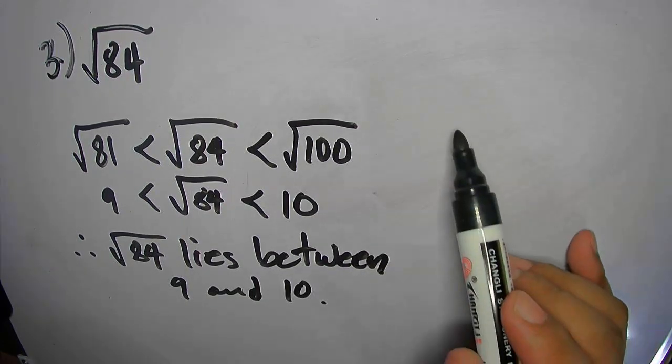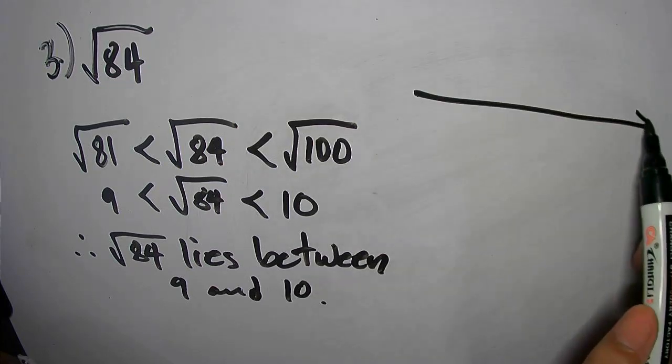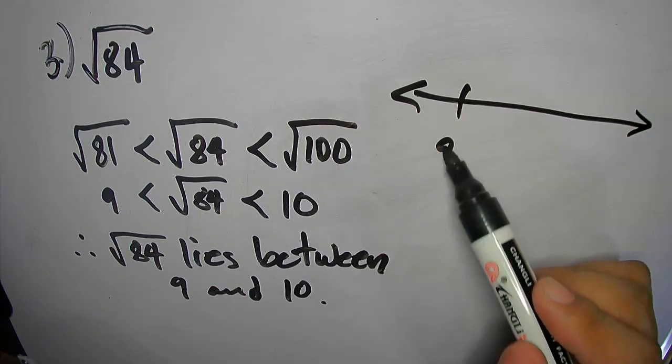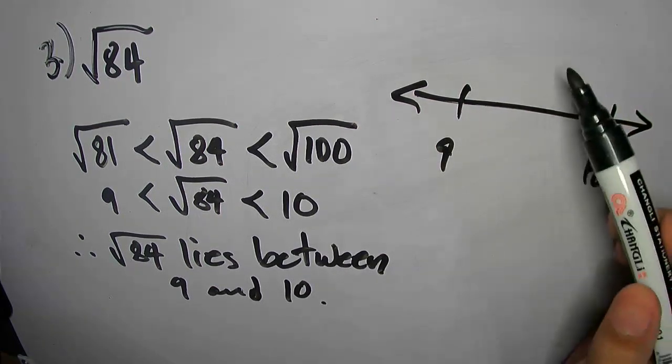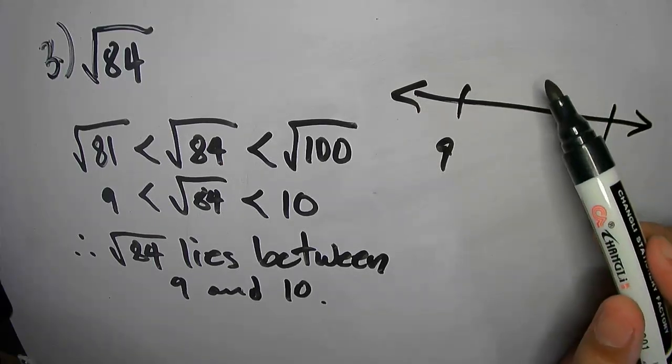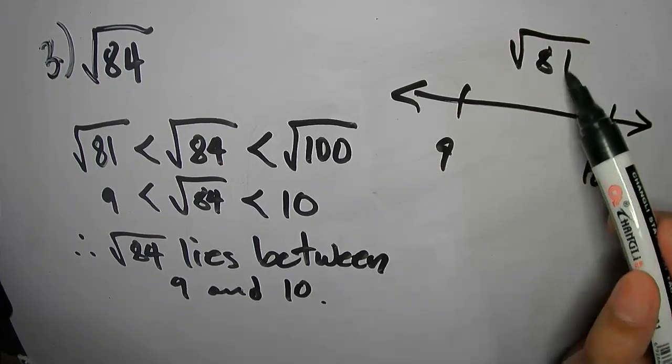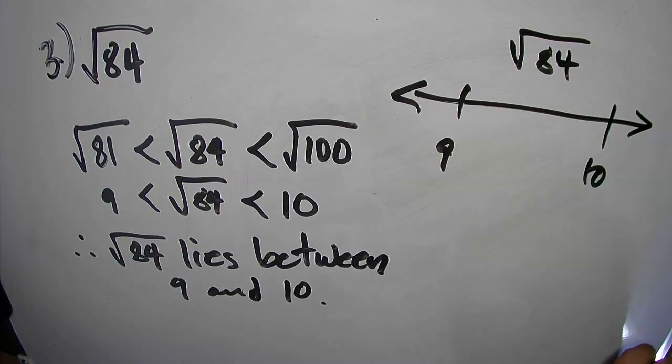With respect again to our number line, here is 9, here is 10, so the square root of 84 is somewhere between them. You may check using your calculator. Okay? So, that's number 3.